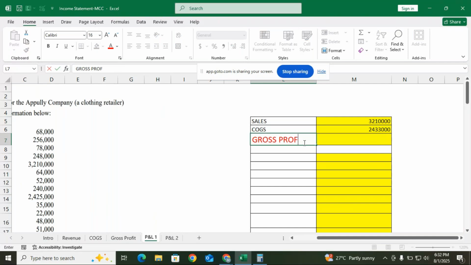So your GP, your gross profit, equals sales minus cost of goods, which will be 7 lakh 77,000.